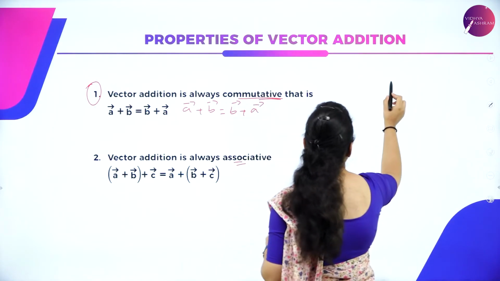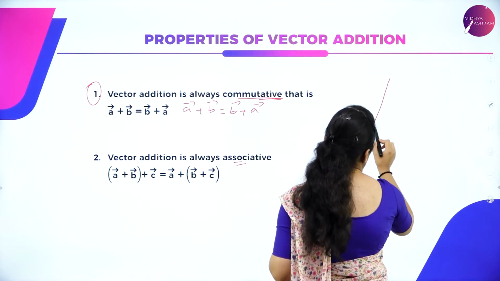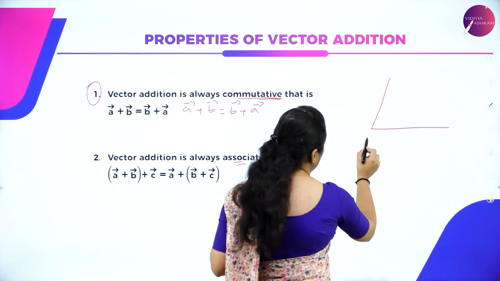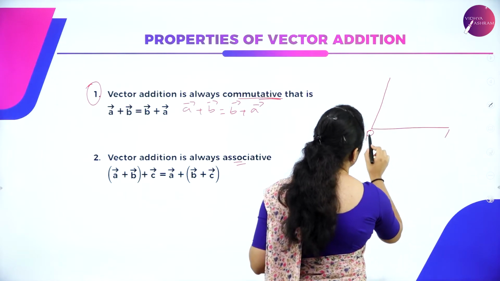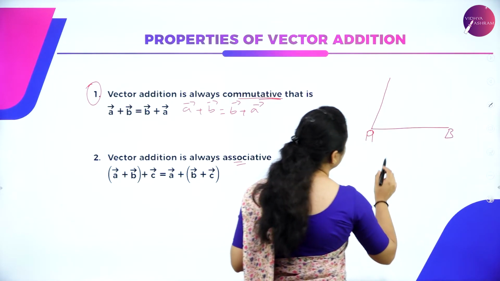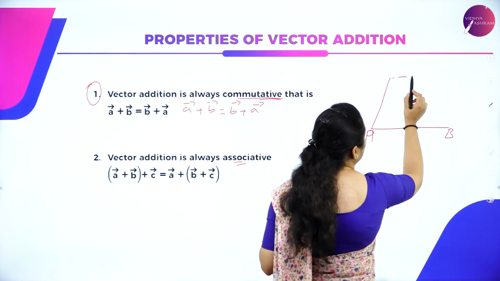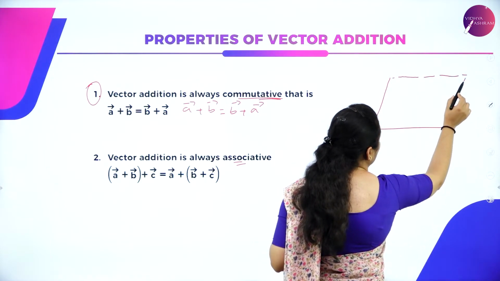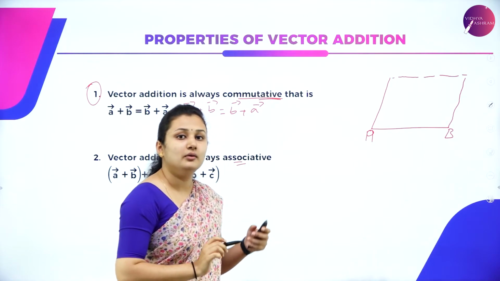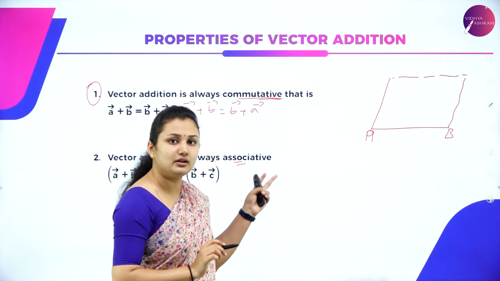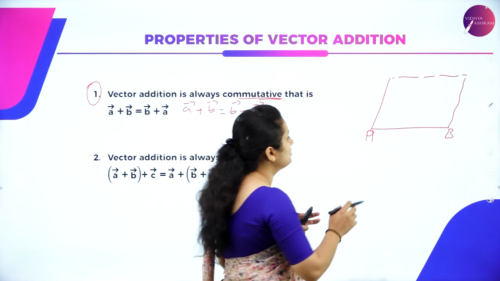For example, consider a parallelogram which has two adjacent sides, say OP, say it is A, this is B, and I will complete this parallelogram. We know the sides of the parallelogram are parallel to each other.